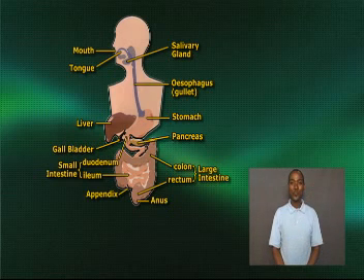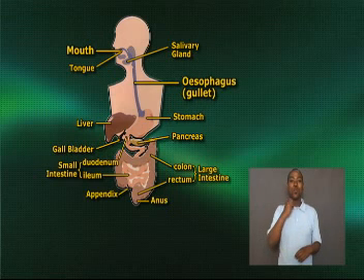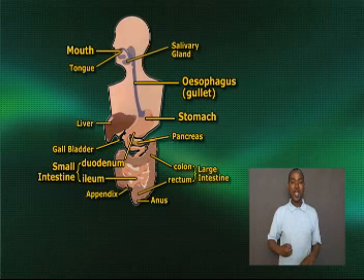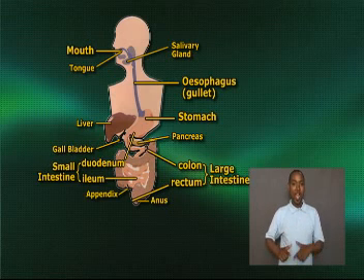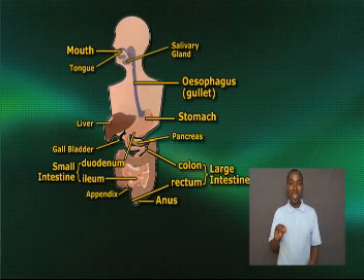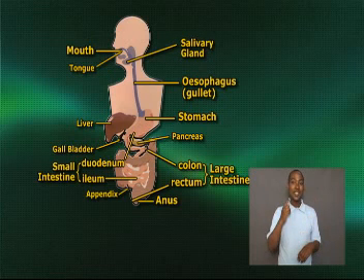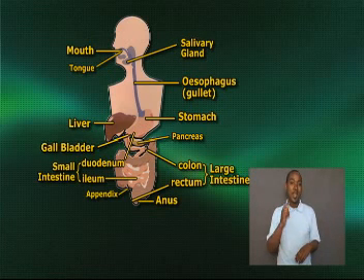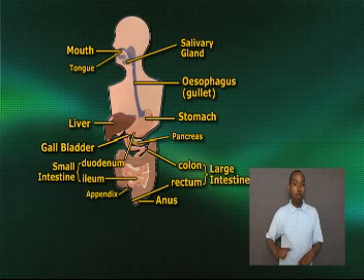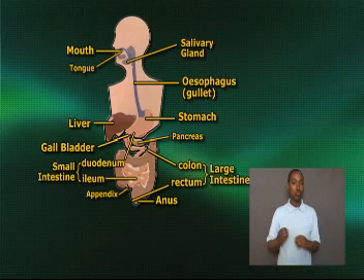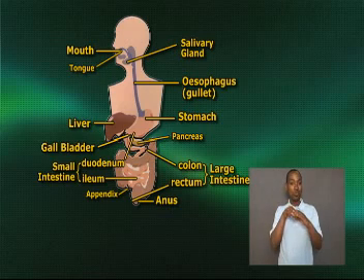The 6 major organs are the mouth, the esophagus, stomach, small intestine, large intestine, and the anus. There are also necessary organs such as the salivary glands, liver, gallbladder, and rectum. Please take note of these organs, students, as they will be the focus of our studies over the next few lessons.